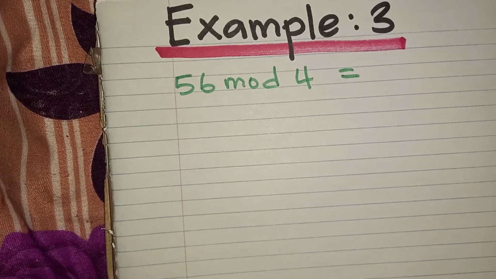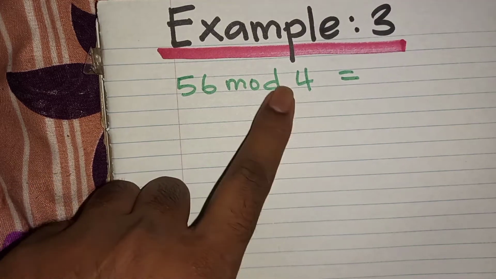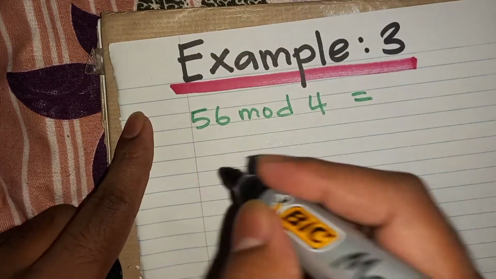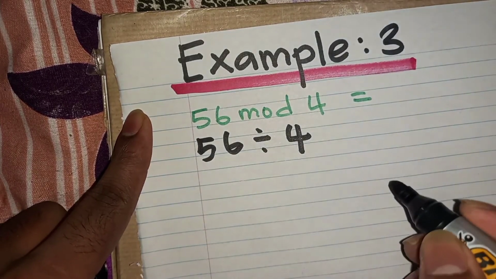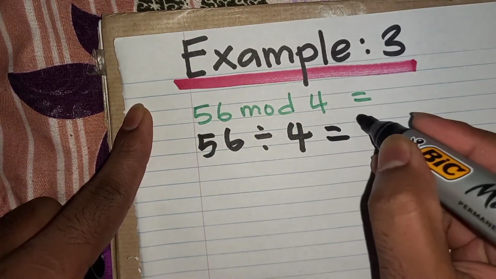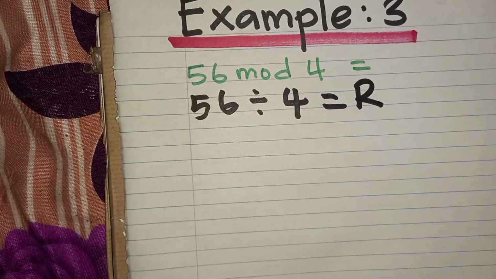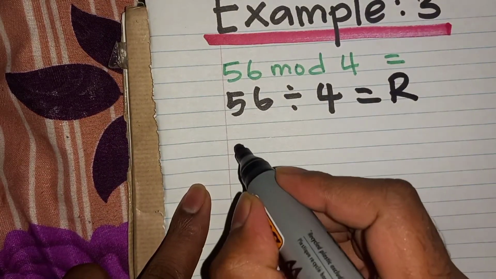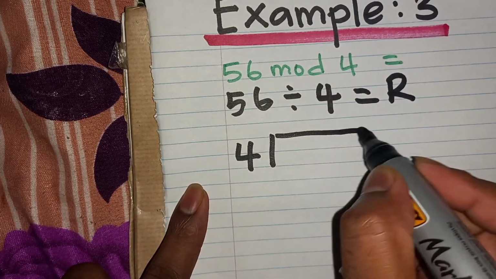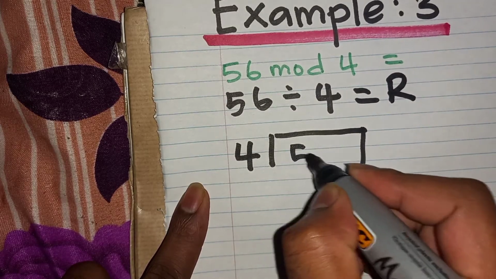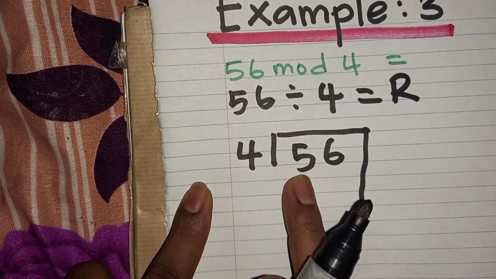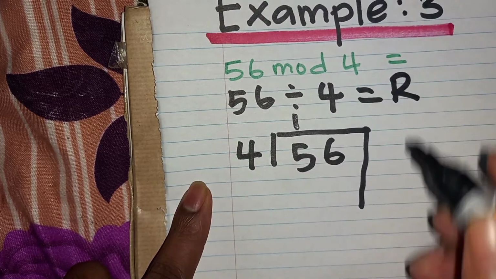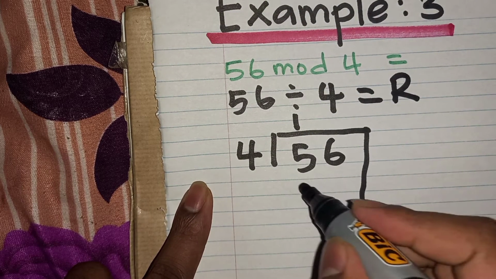Okay, so we have 56, and this will be divided by 4. This can also be written as 56 divided by 4, right? And whatever answer here is basically the remainder. So we'll write 4 and 56 here. Now 4 can go into 5 how many times? 1 time, right? 1 times 4 is 4.